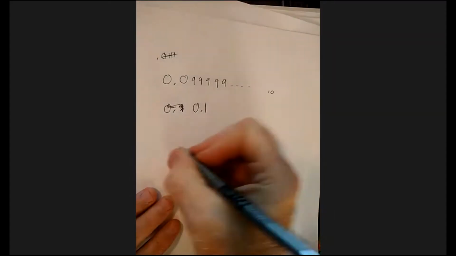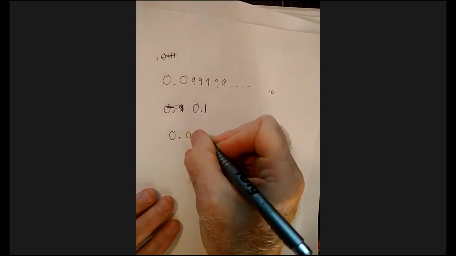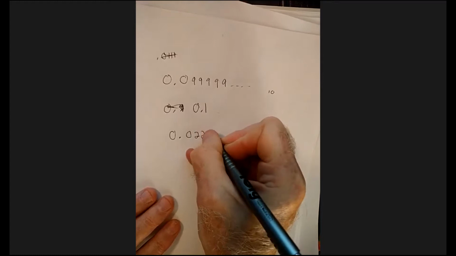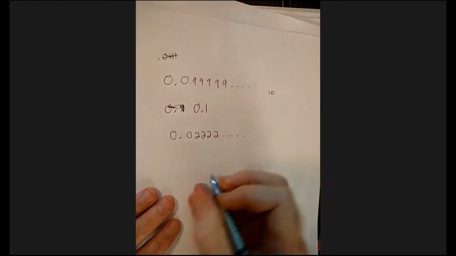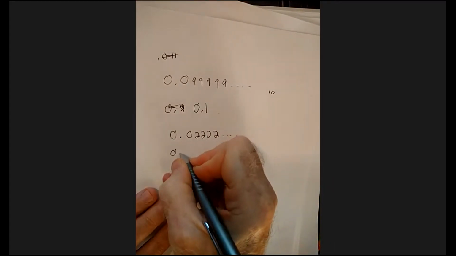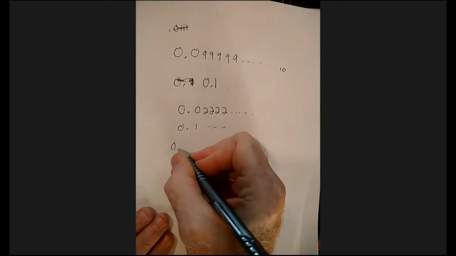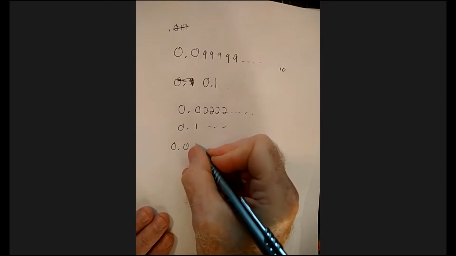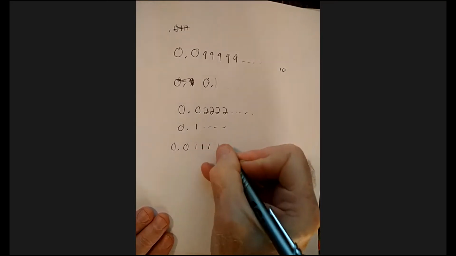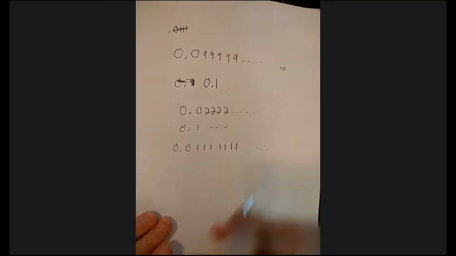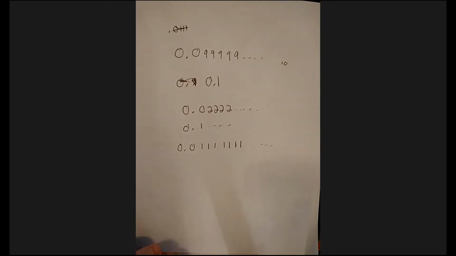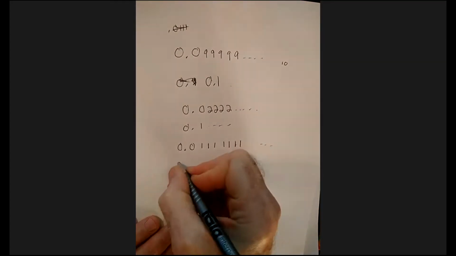So if you're in base 3, then you had this, it would round to this. And so likewise in base 2, there's a couple of ways to look at it. That would round to this.